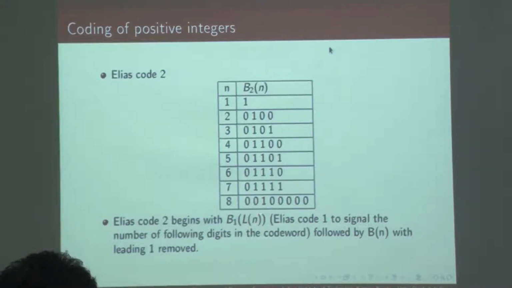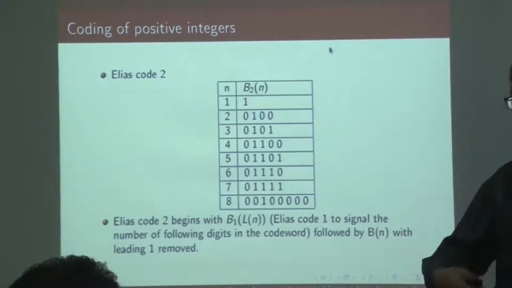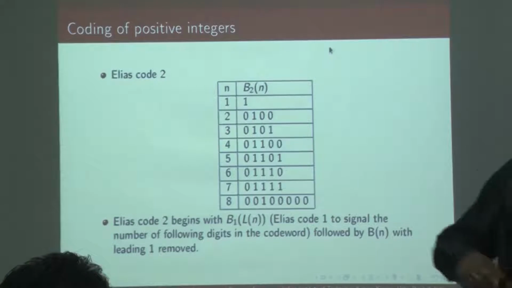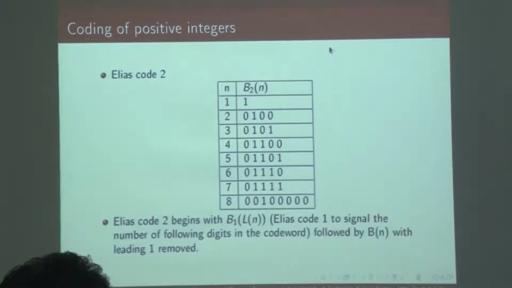So as a receiver, when it receives B1 code of ln, it can figure out what ln is by decoding B1 code, and then it will know how many next bits it should look at. Another thing they did was, in alias code 2, it is followed by the binary representation of the number with the leading 1 excluded.